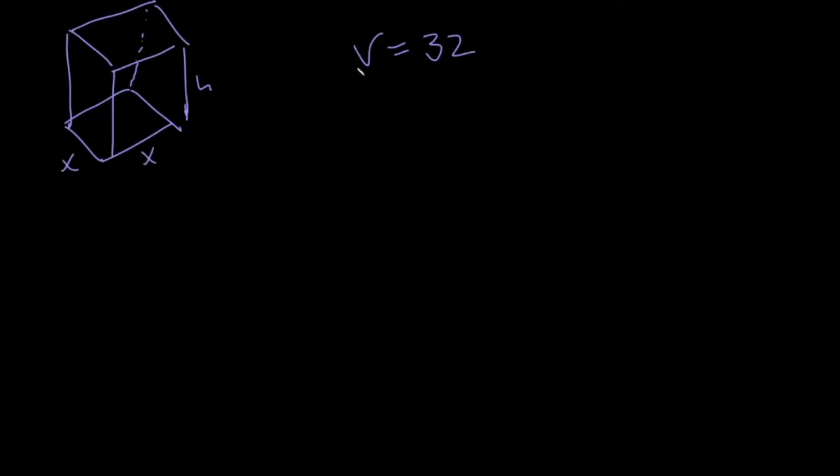So given that the volume is 32, I want to minimize surface area. Well, the surface area of the box is just going to be the area of the 6 faces. So let me do the top and the bottom. So this bottom face is just going to be x squared. Same story for the top face. So for the top and the bottom, I have 2x squared.